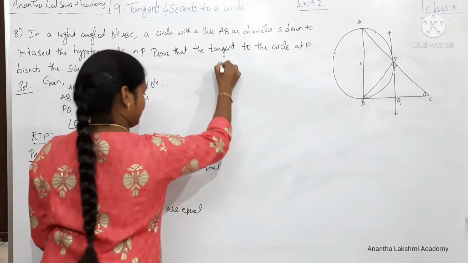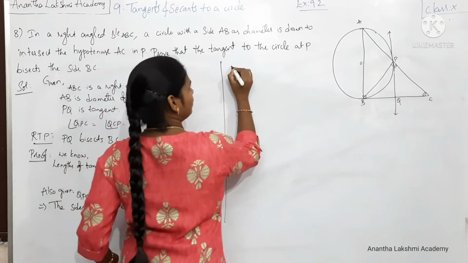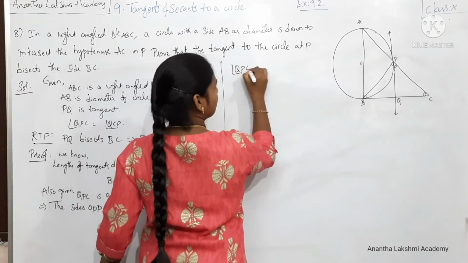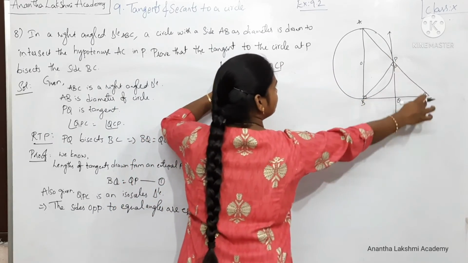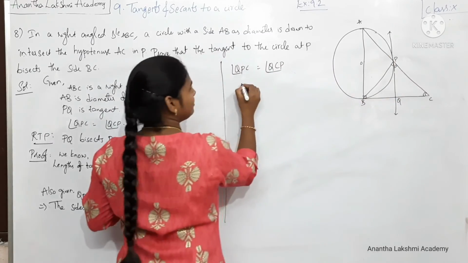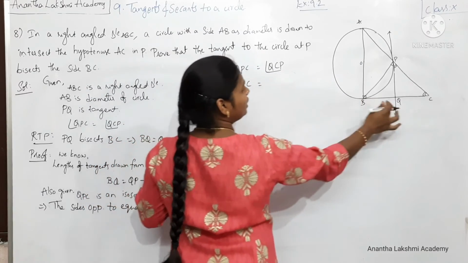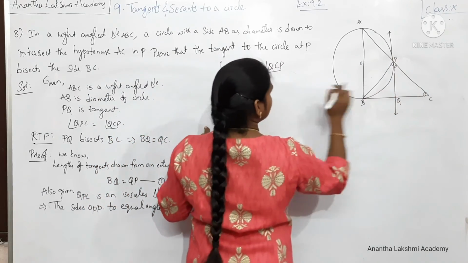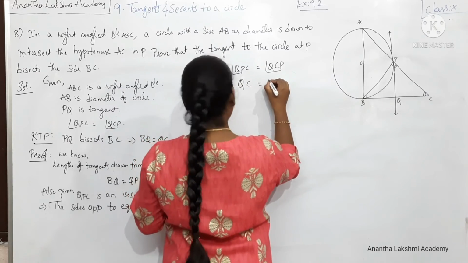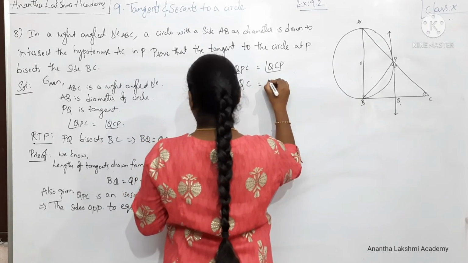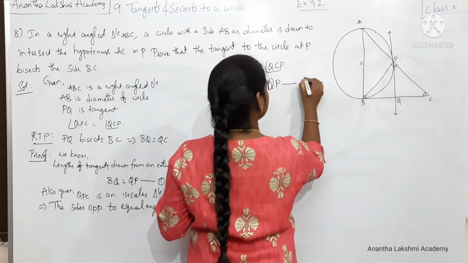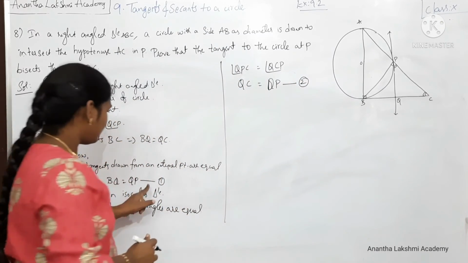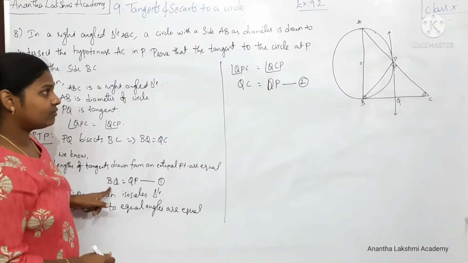Let us utilize the same. Angle QPC is equal to angle QCP. Let us consider the first side which is opposite to angle QPC, which is nothing but QC is equal to, what is the side opposite to this? PQ or QP. Let us consider this as equation 2. In the first equation we have QP is equal to BQ.